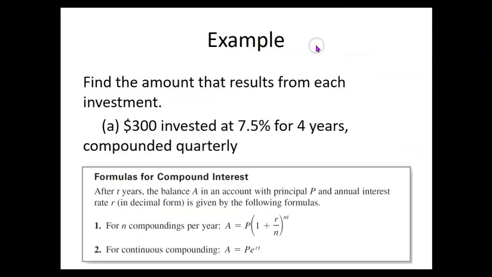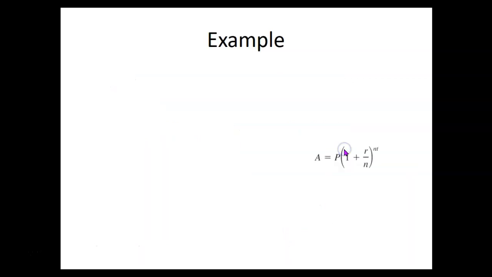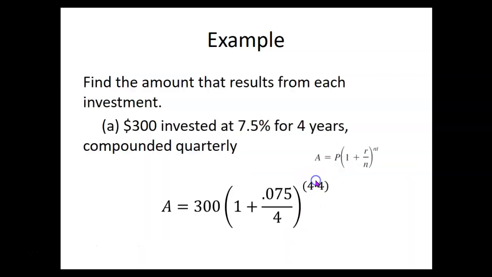Okay, a couple more examples. Find the amount that results if $300 is invested at 7.5% interest for 4 years, compounded quarterly. Okay, which formula is it? Compounded quarterly would be 4 times per year. So the first formula with 4 for n. P is the 300 you start with.